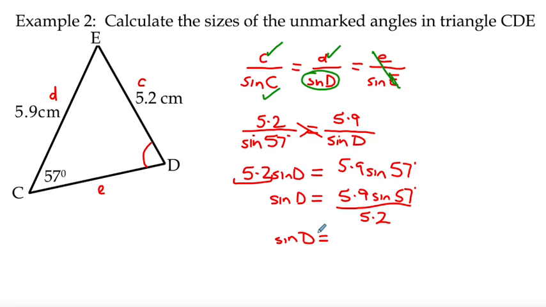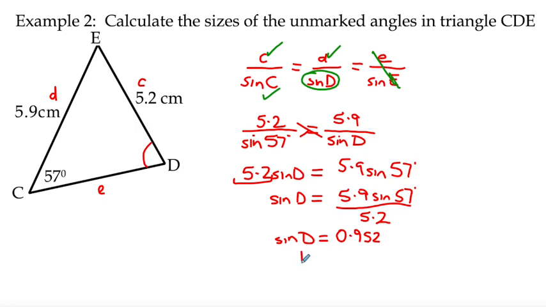If I do that, I end up with 5.9 multiplied by the sine of 57 divided by 5.2. I get 0.9515, so I'm going to round that to 0.952. At least 3 decimal places for the sine of an angle.